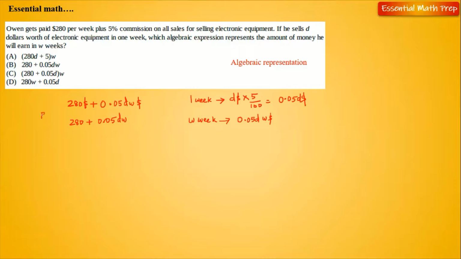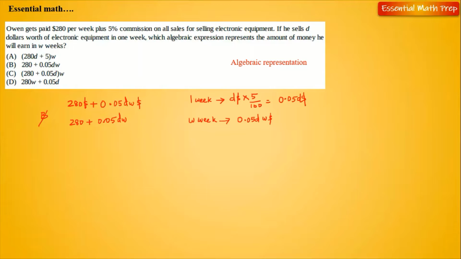But that is wrong. Why is it incorrect? Why can't we just say in 1 week he makes 0.05 D dollars, so for W weeks, simple, I'm going to add it to my 280? The problem with this is that as weeks go by, the basic salary is not carried over. This is only applicable for 1 week, because then W becomes 1 and this expression is applicable.